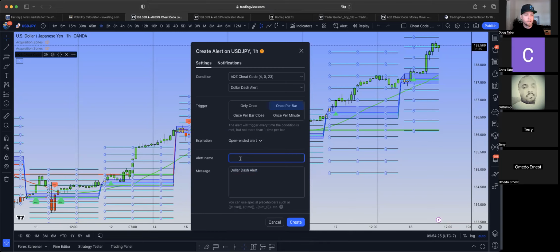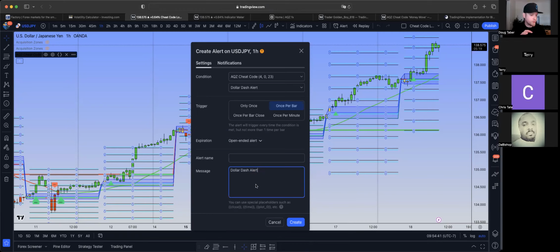You can put an alert name if you want, but this message will pop up on your push notification. So the coolest thing about this alert system is once you set your alert, and if you have the TradingView application on one of your smart devices and you have that app set up to where it sends you push notifications, and that can be set up in the settings of your smart device.